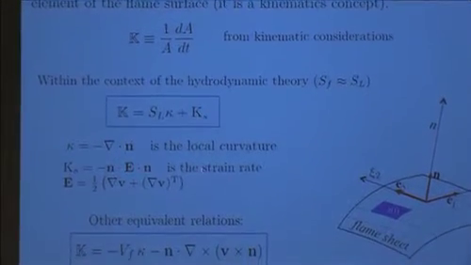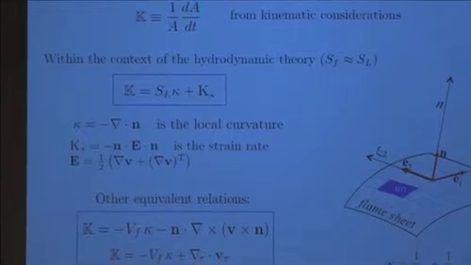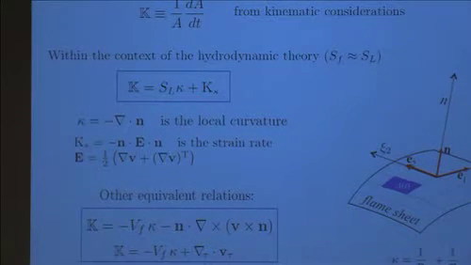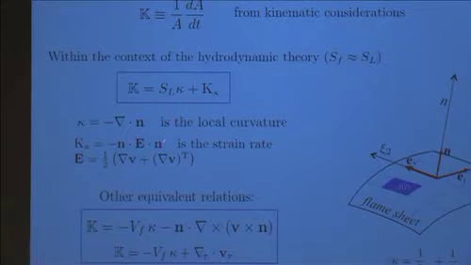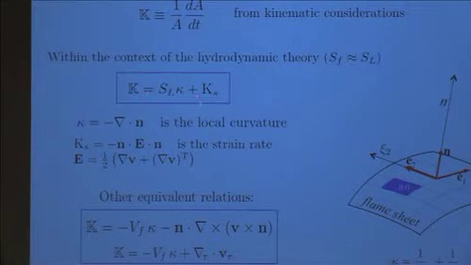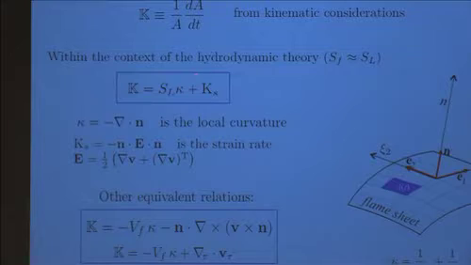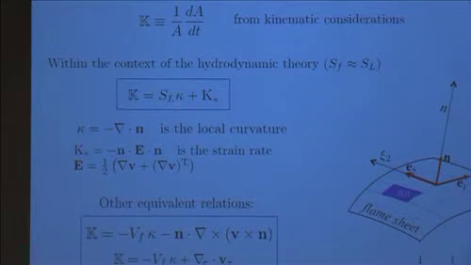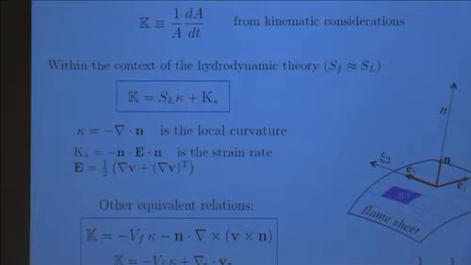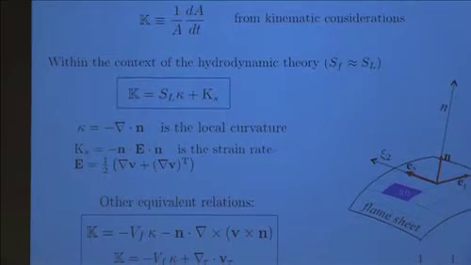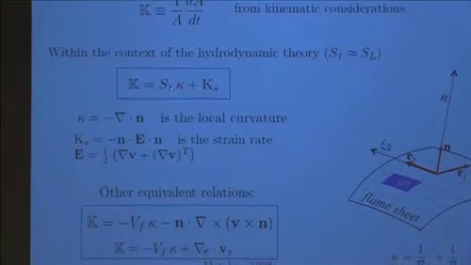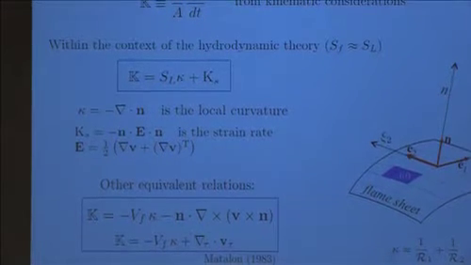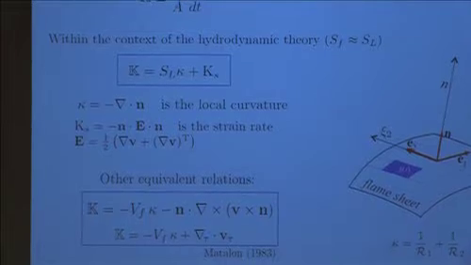Of course, the strain rate needs to be evaluated at the flame. Okay, so here is the strain rate. Those combined, of course, give you the stretch. And the units are the same, as I said, 1 over second. Strain rate has units of 1 over second. Curvature has units of 1 over centimeter. You multiply by centimeter per second, you get 1 over second. So the two terms have the same units of 1 over second.